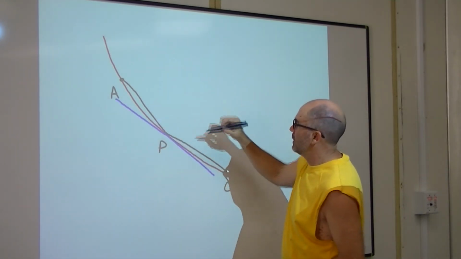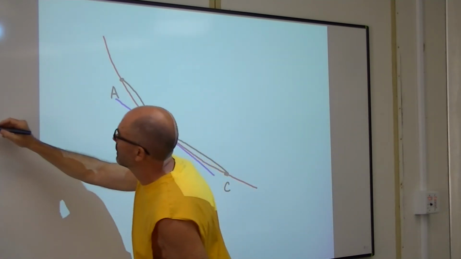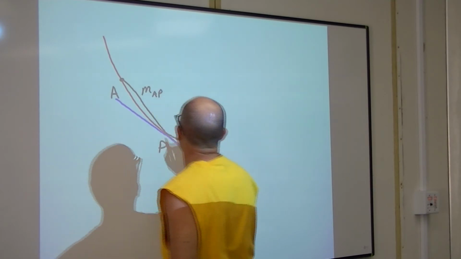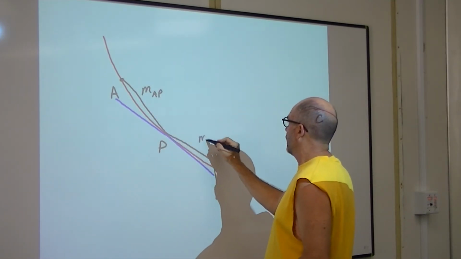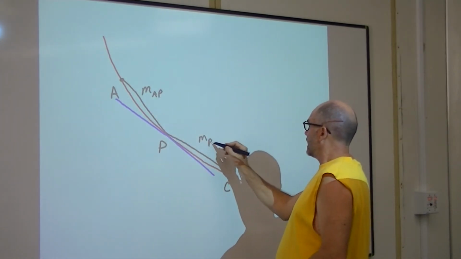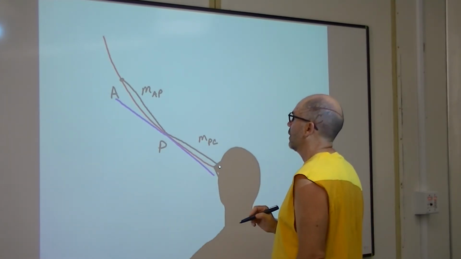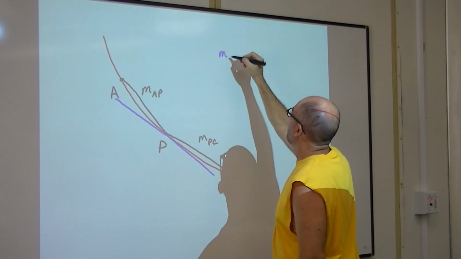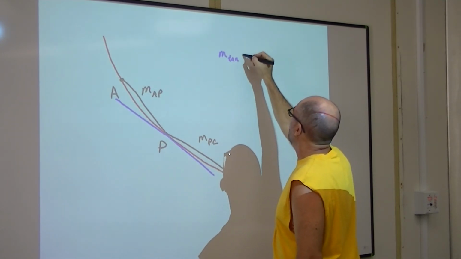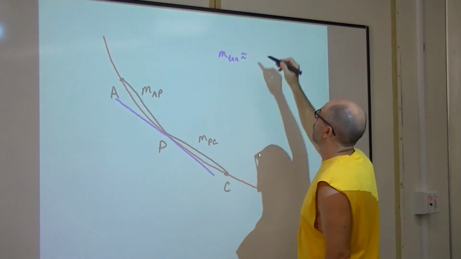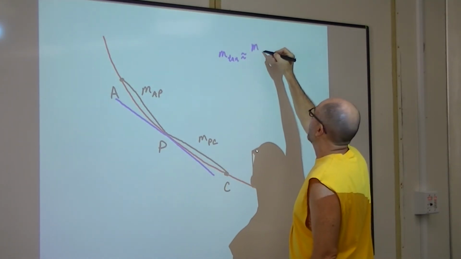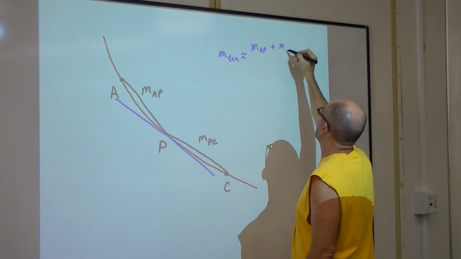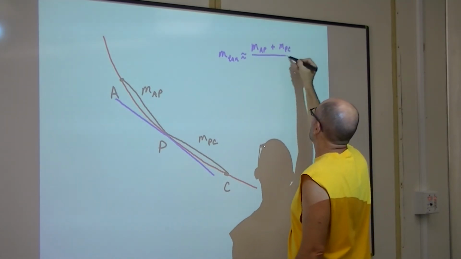Notice these two slopes here, we'll call this the slope from A to P and the slope from P to C. So the slope of the tangent is approximately equal to the slope from A to P plus the slope from P to C divided by 2.